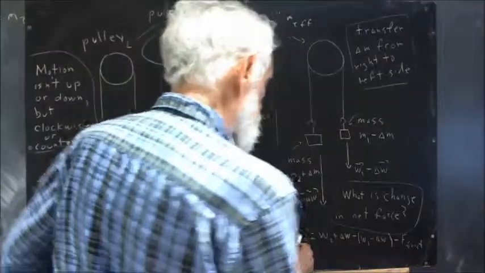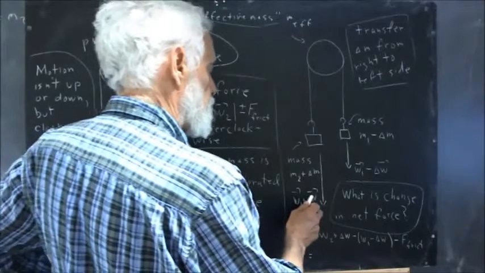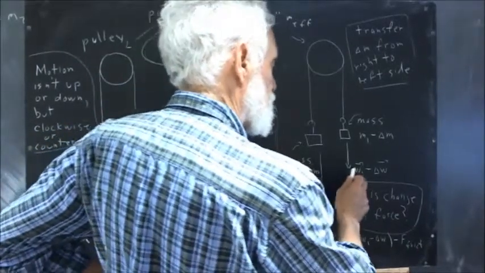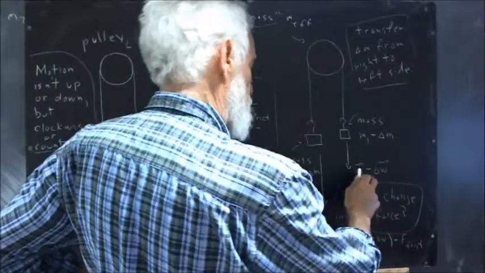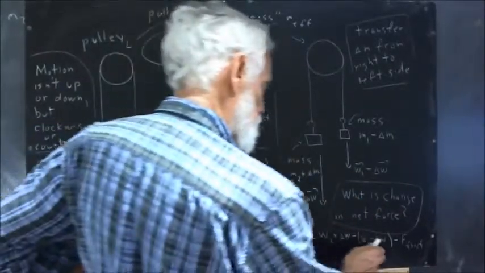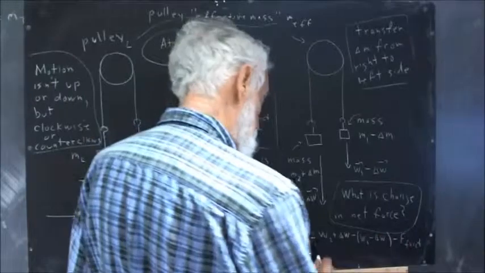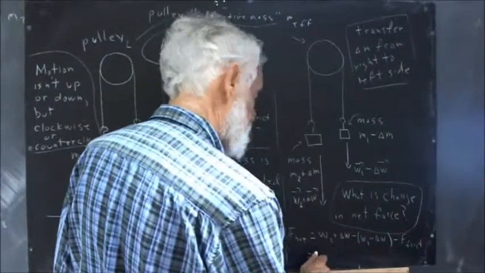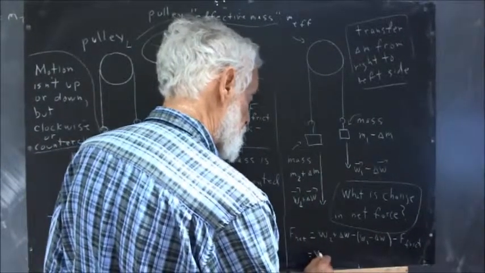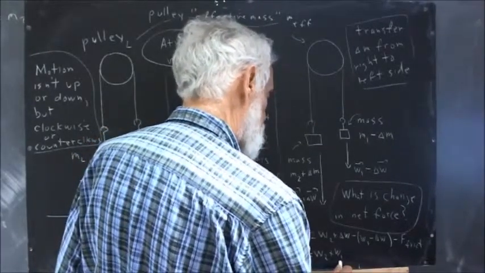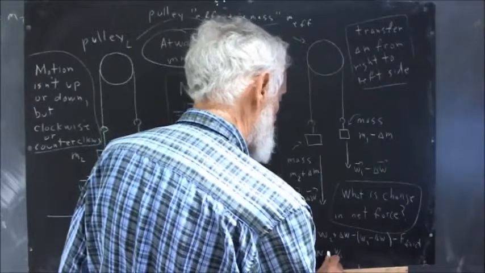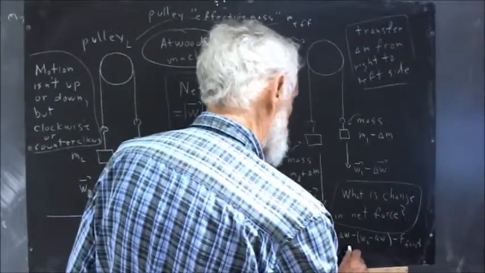Okay, well, the net force is going to be W2 plus delta W minus the quantity W1 minus delta W, this force minus this force. That's what I've written down here, and then minus your frictional force from the pulley. And we can rearrange that very easily. W2 minus W1 minus the force of friction.